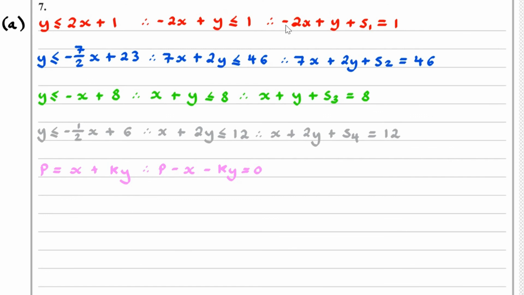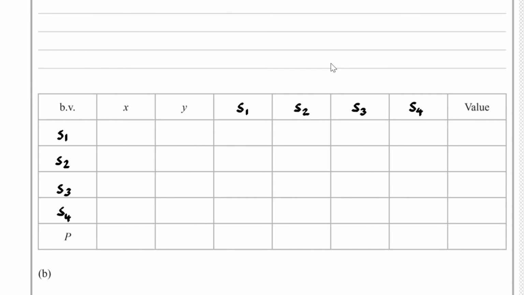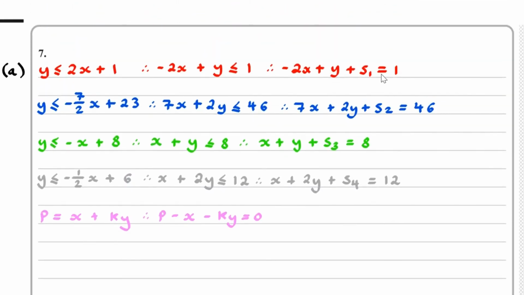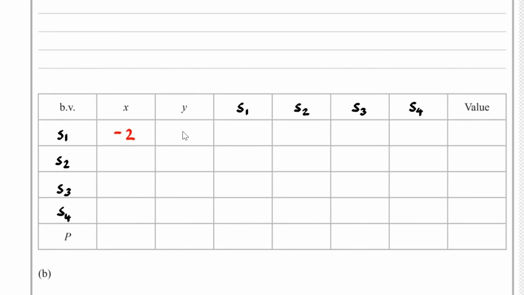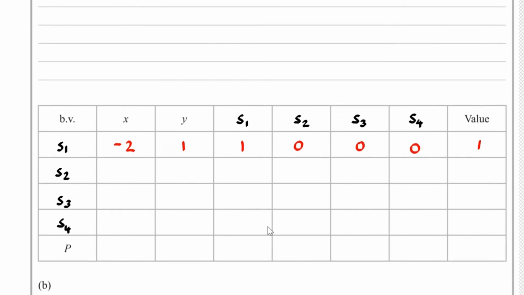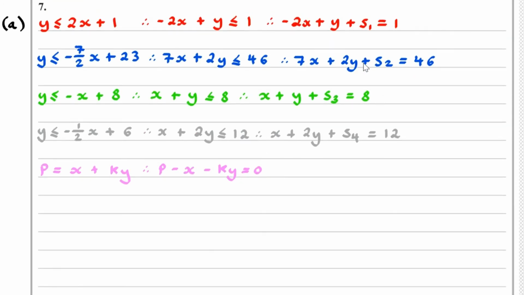So first equation, we've got minus 2x, and then we've got 1y and 1 S1. That's all equal to 1. The rest we fill in with zeros. If we take a look at our next equation, we've got 7, 2, 1.